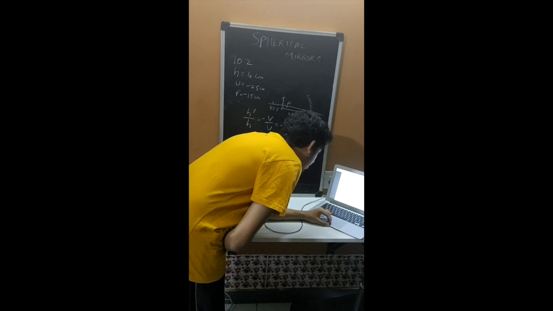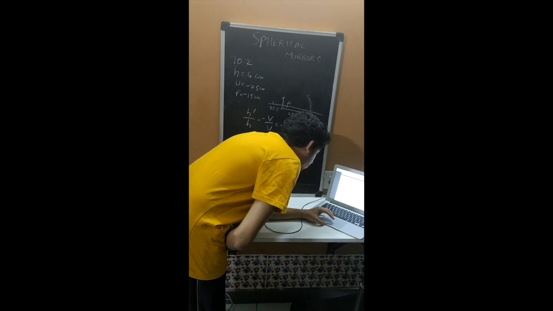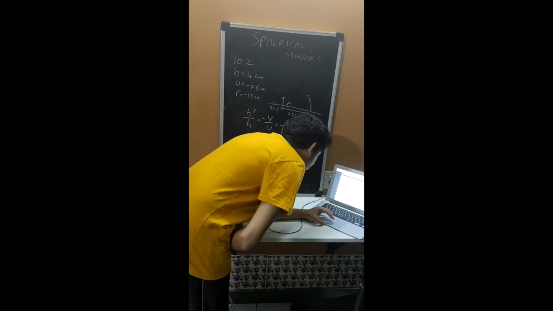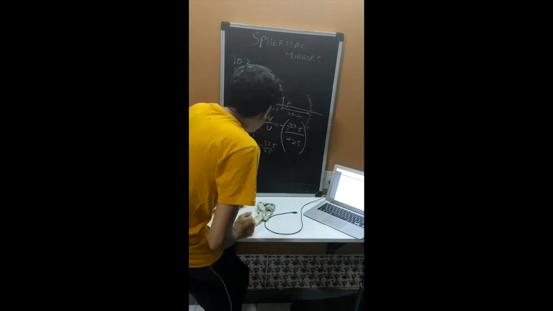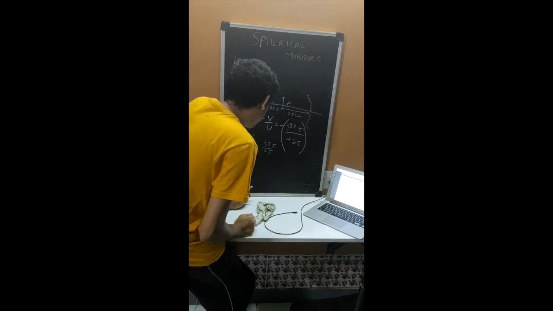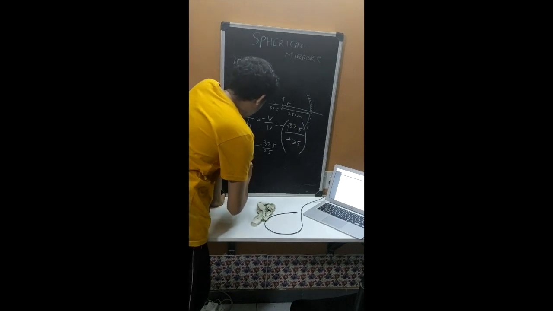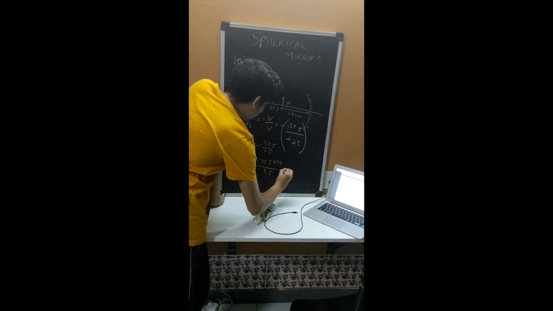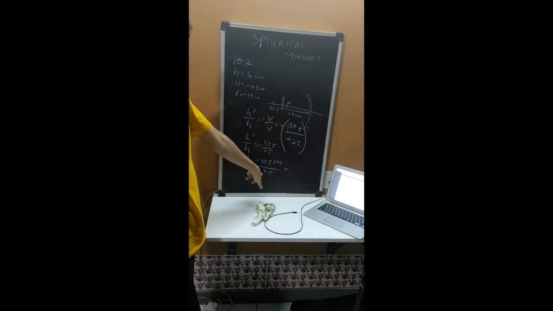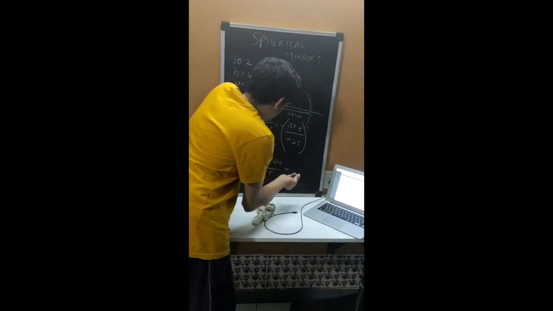That is the magnification, and we already know h, that is 4 centimeters. So the size of the image h dash would be minus 37.5 into 4 divided by 25. I'm not going to do the calculation here. In the textbook it has been given as minus 6. So it comes out to be minus 6.